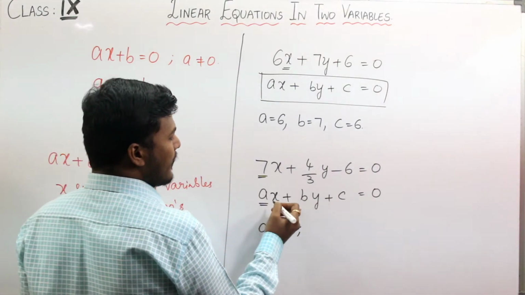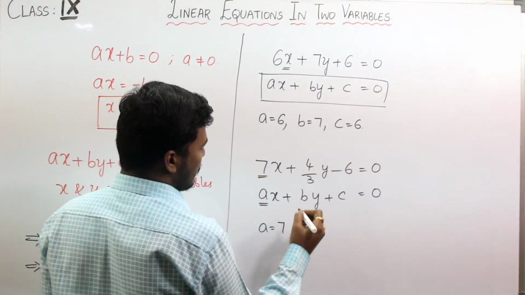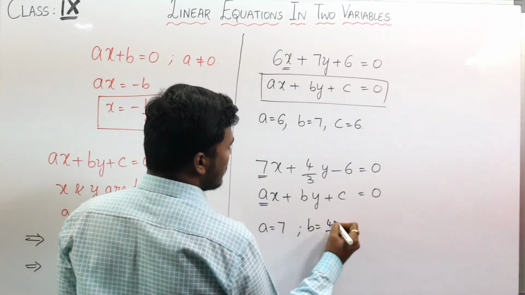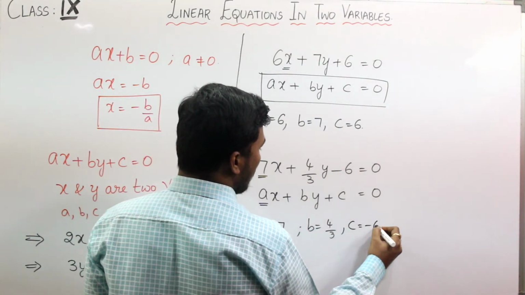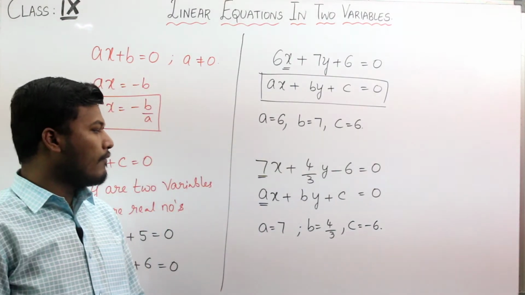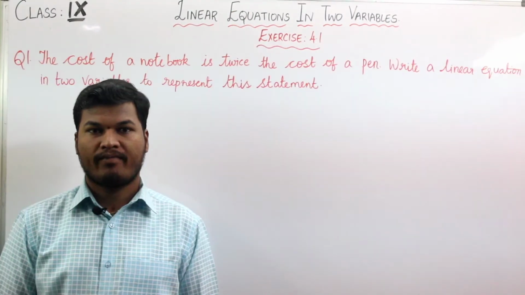While comparing the coefficients, you need to check the symbols of the expression also, that is b here is 4 by 3 and c here, you have plus c and here it is minus 6. So the c value will become minus 6. This is how we write the values of a, b, c from these linear equations.